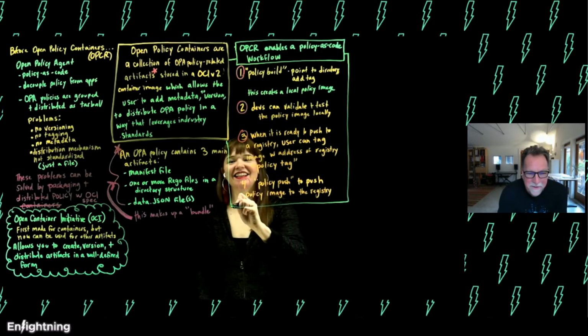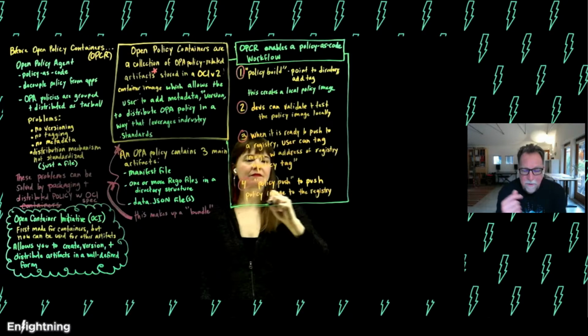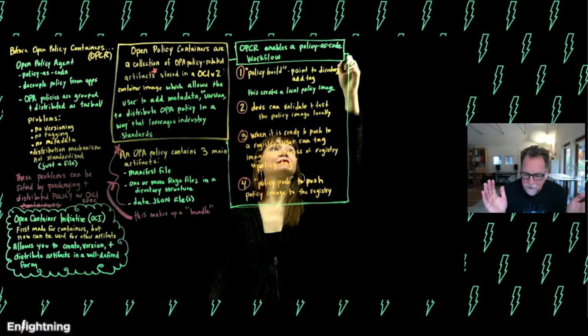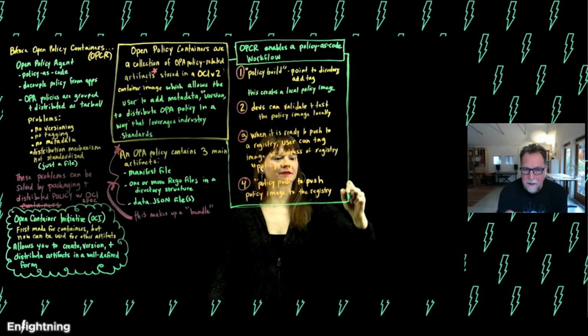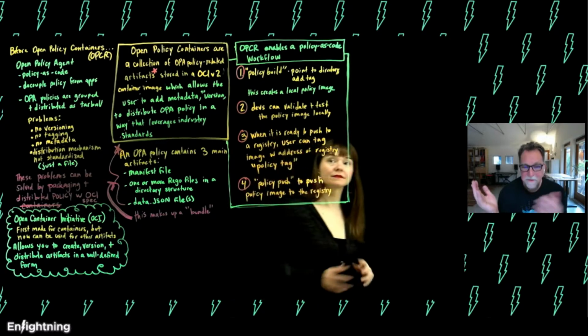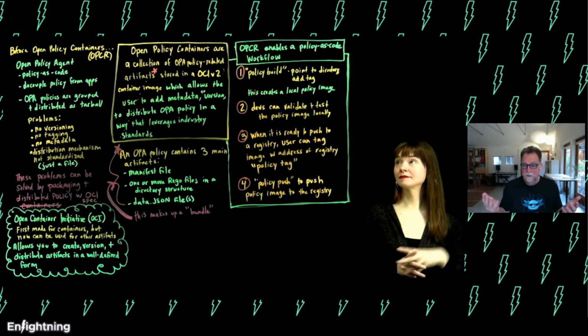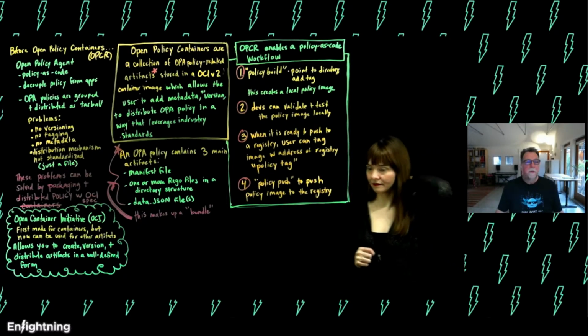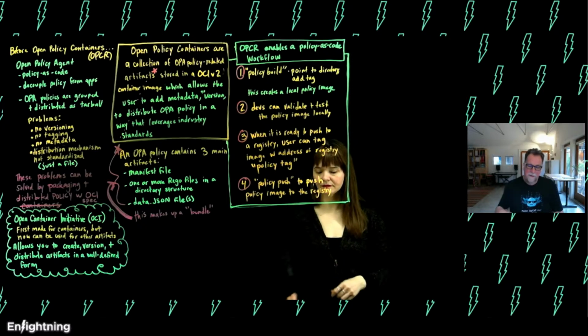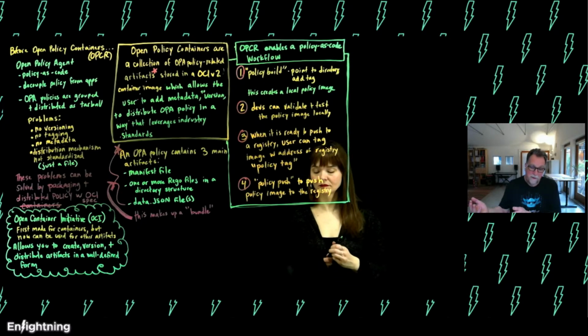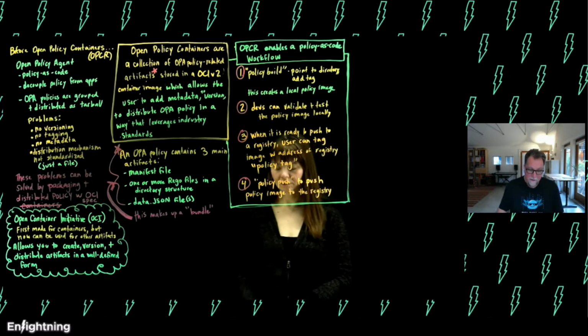Excellent. All right, so in these four steps we created a policy and pushed it to a registry. Now the counterpart of that is the consumption part. This is the publication part, so creation and publication, and the consumption part is very simple at the end of the day.